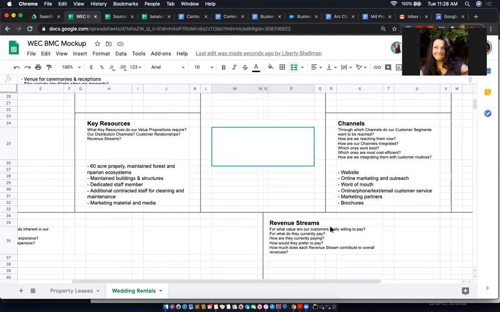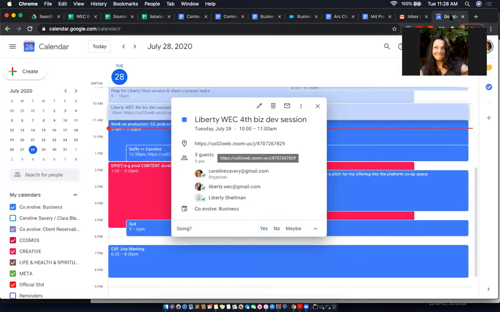Oh, I did a little bit more work on our cost of goods sold worksheet. Something I could talk through with you is I got pretty stuck on our property leases business idea, partially because it can take the shape of many different things, and I'm not sure what the demand would be or what people are interested in.